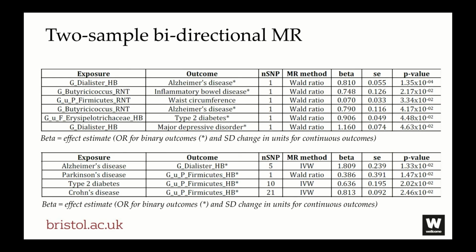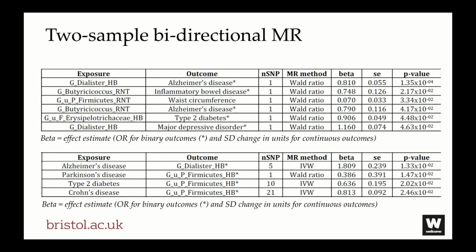So these are our results, and I won't really go into them, but what was really interesting for us is that we've got host genotype and host outcome, and then a bacteria in the middle, essentially. What we're trying to do is proxy for that bacteria to test whether it has an effect on your outcome.